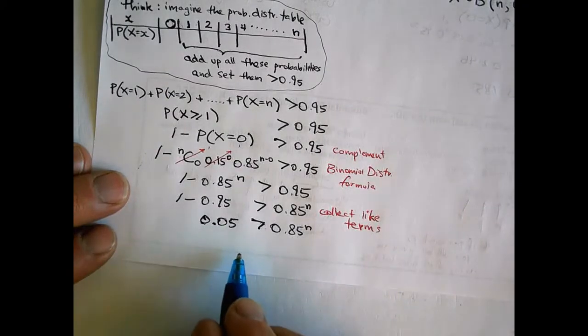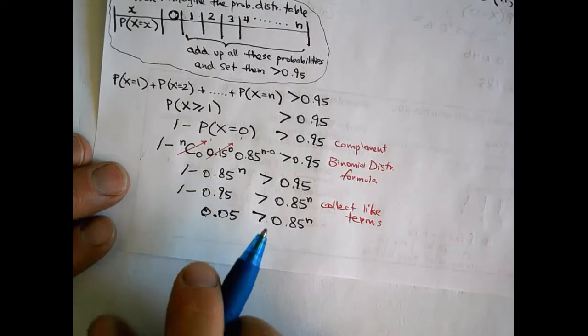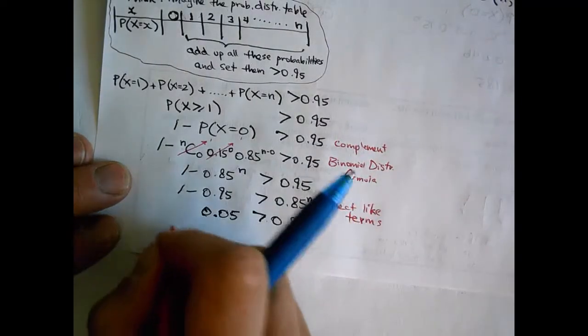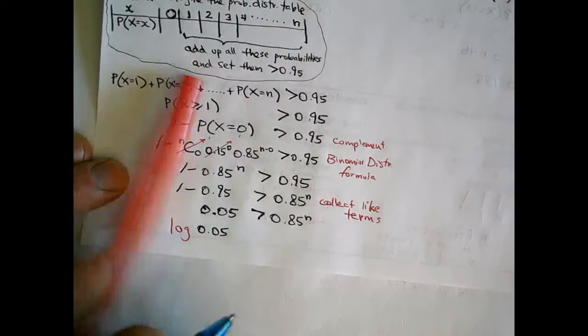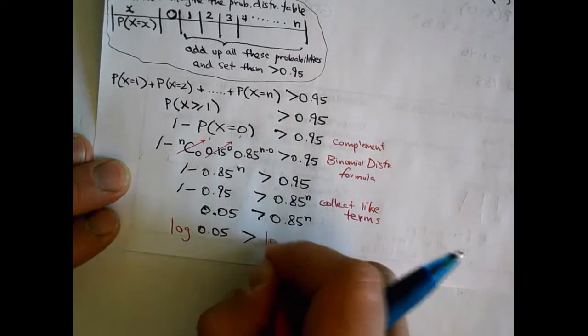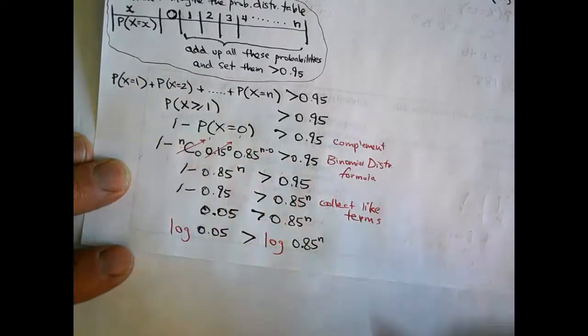Okay, and now I get to this point, and I need to solve an exponential equation. And hopefully you remember how to do this, and I'm waiting for you to say it. Right, we log both sides. So I'm going to log the left side, and I'm going to log the right side. That is our strategy for solving exponential equations like this.